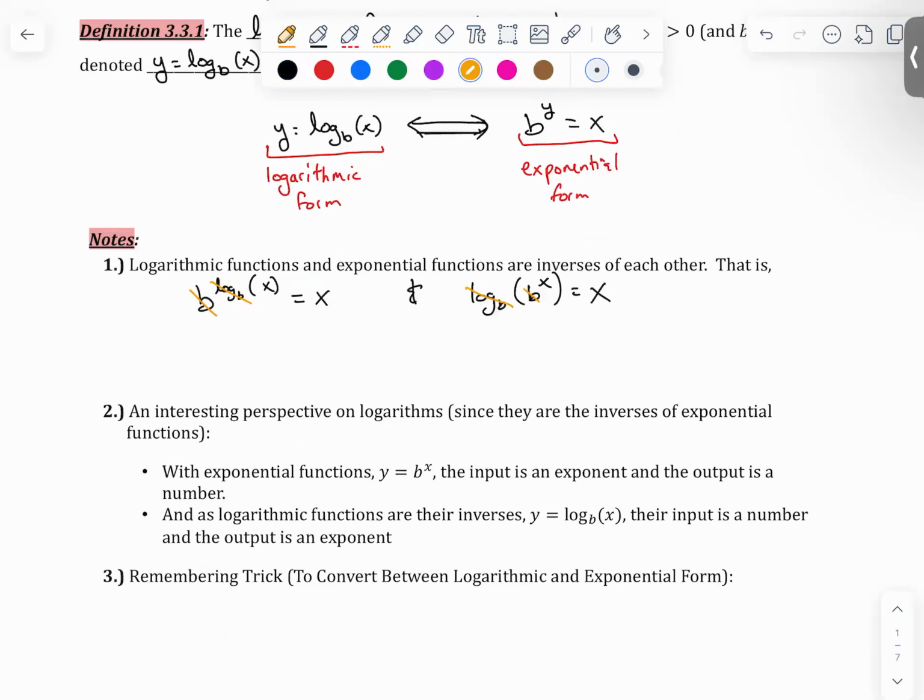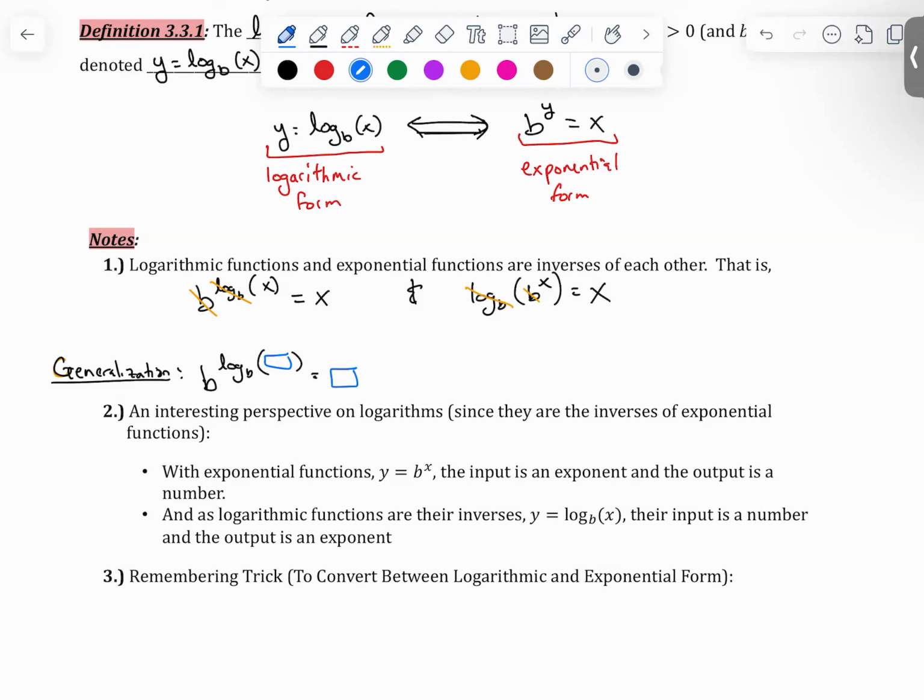So in fact, you could generalize this, and this is the better thing. The generalization is that b raised to the log base b of a blue box is equal to the blue box. I know that doesn't really look like a blue box, but it's kind of like an oblong shape, but whatever.